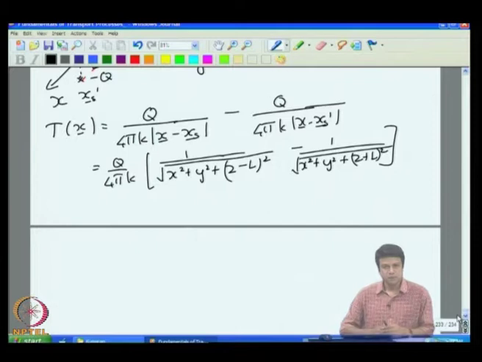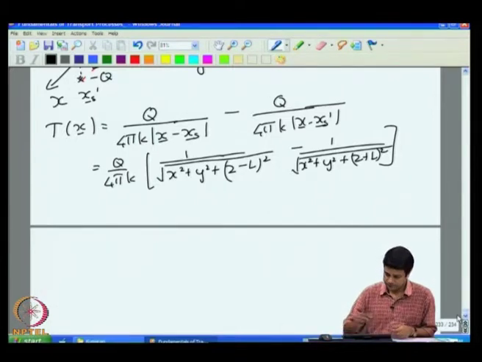So, this is the total temperature field due to the combination of the source and the sink.